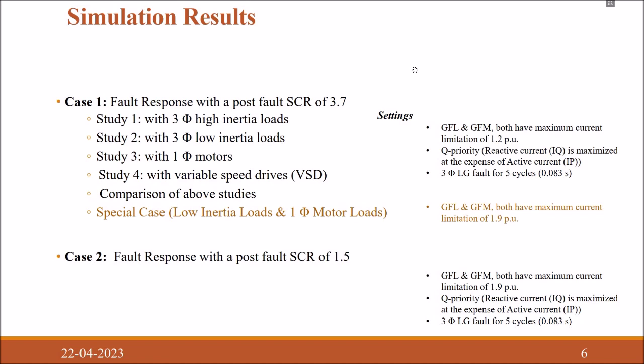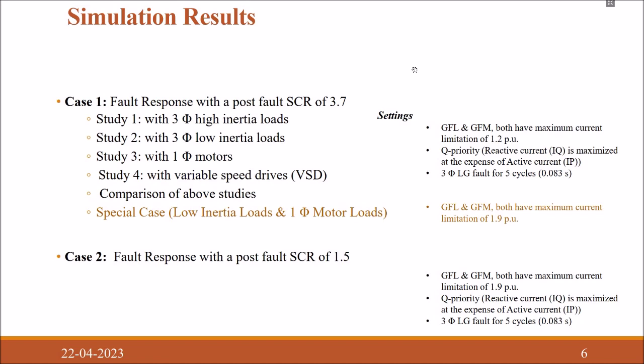In case 1, we have different types of studies. Four types of studies have been done. Study 1 is with high inertia three-phase loads. Study 2 is with three-phase low inertia loads. Study 3 is single-phase loads, and study 4 is with variable speed drives.